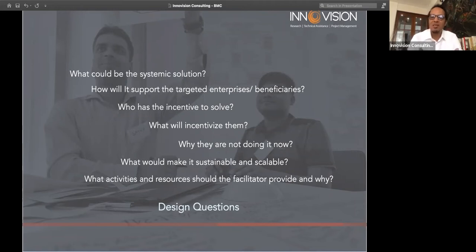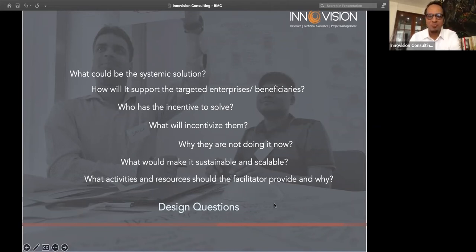And therefore, that leads us to the question, what is it in the solution that we're promoting that would make it sustainable and scalable? And to facilitate that process, what activities and resources should the facilitator be providing and why? So I define this broad set of questions as design questions that a facilitator will face to solve the challenges in the market systems.